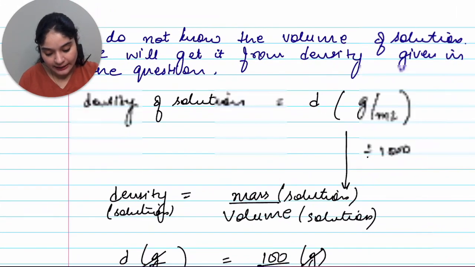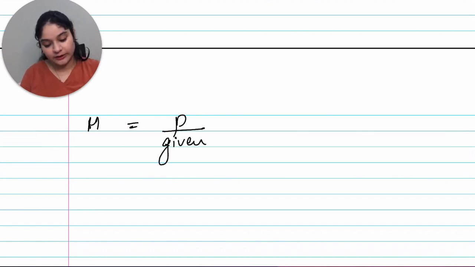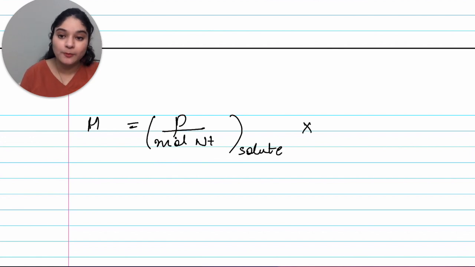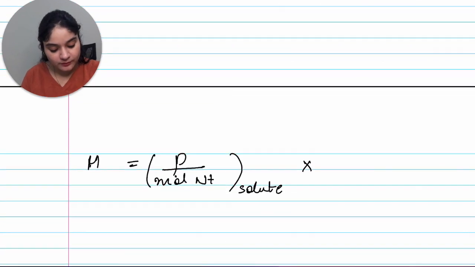So I had M equals, I had P in grams divided by the molecular weight given. For now, I'll just write molecular weight. Both of this information I have is for solute, times I had 1 upon volume, and volume is what? 1 upon 10 times D. So that will get reciprocal.